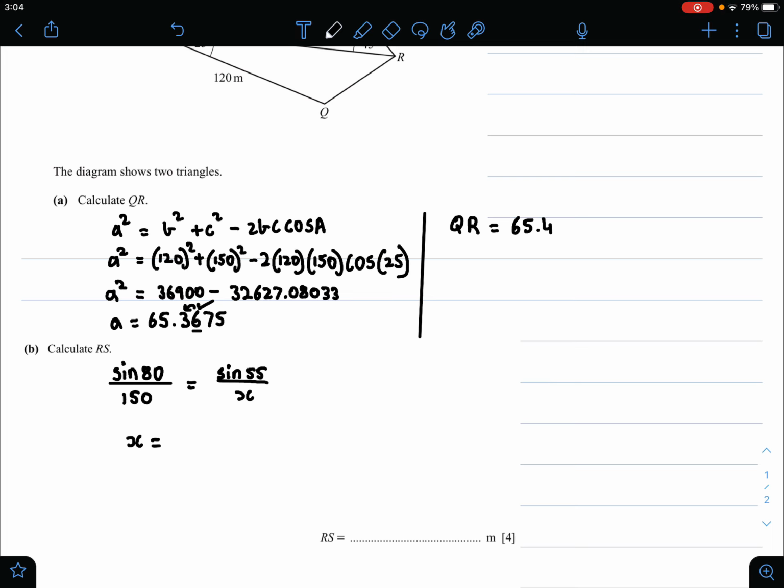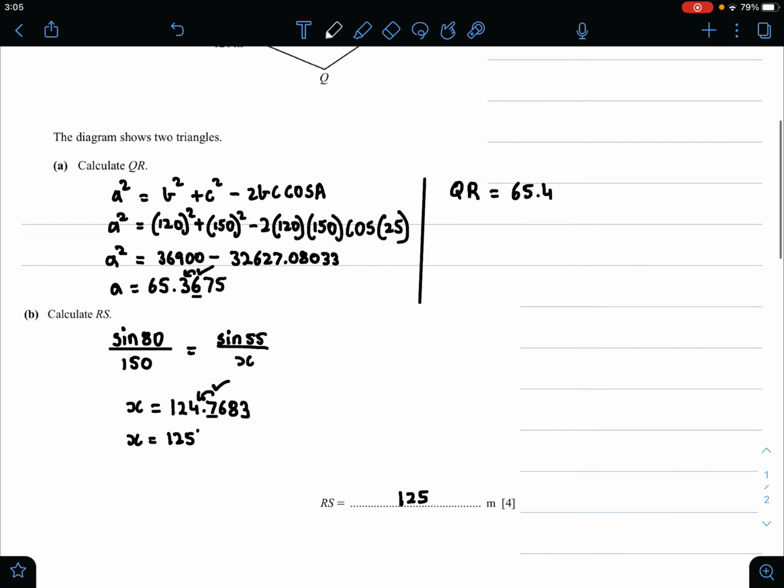So sine 80 divided by 150 and sine 55 divided by that fraction will give you the answer as 124.7683. And since you need to give your answer in three significant figures, your final answer will be x is equal to 125. Now this is because the fourth significant figure, which is 7, is greater than or equal to 5, so it will round off the 4 to the next number.